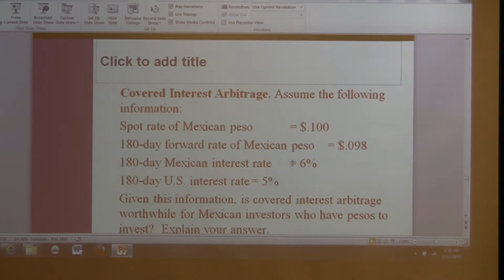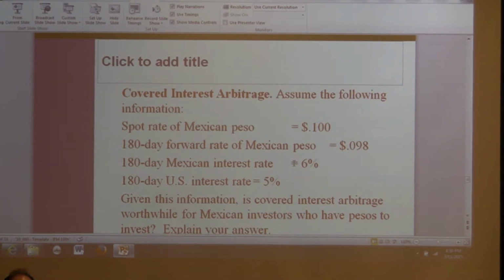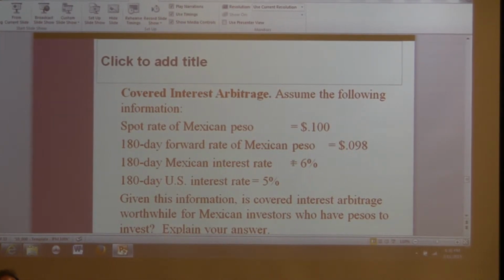Okay? So this could be a little bit more confusing, and the reason why it's a little more confusing is because rather than look at the US point of view, we are looking at somebody in Mexico, okay? So what do you have to be careful about? You want to be careful about the way you express the interest rates.